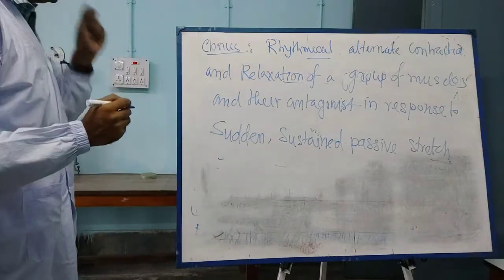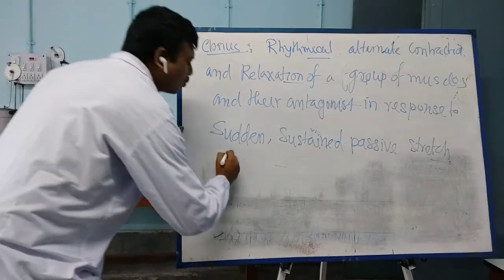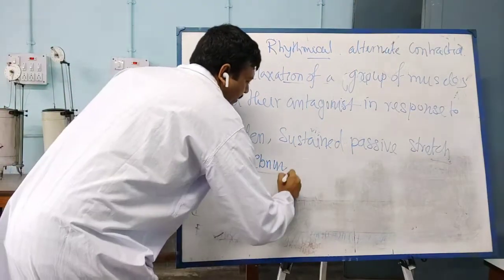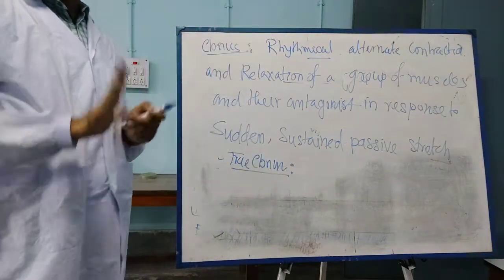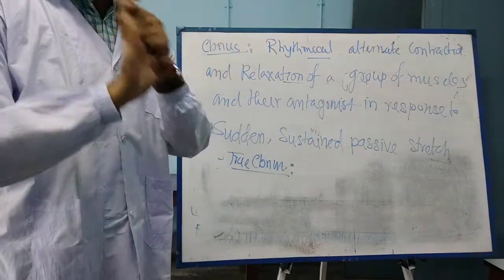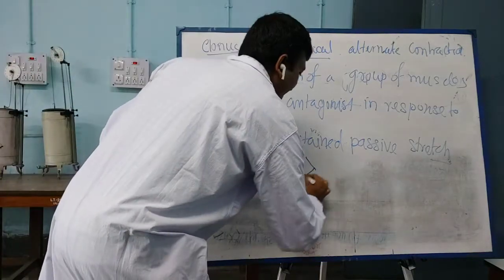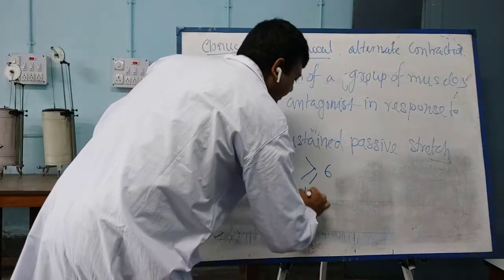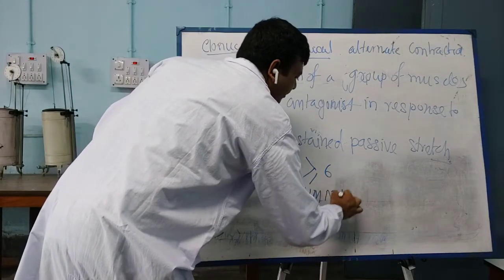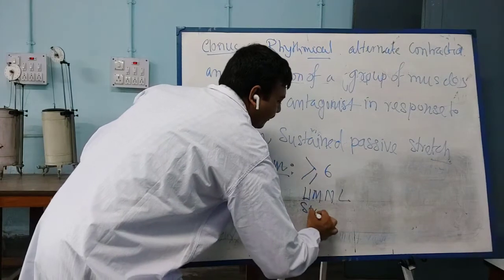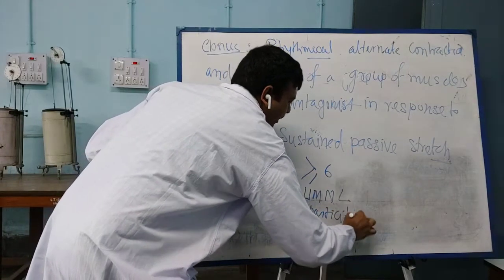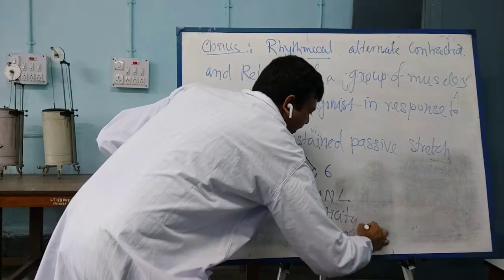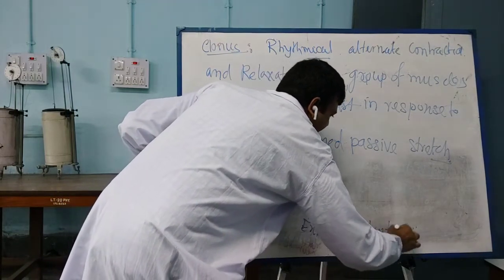So clonus may be true clonus when this contraction and relaxation movement occurs six or more times at a time, and it is associated with the upper motor neuron lesion, it is associated with spasticity, and it is associated with the extensor plantar response.